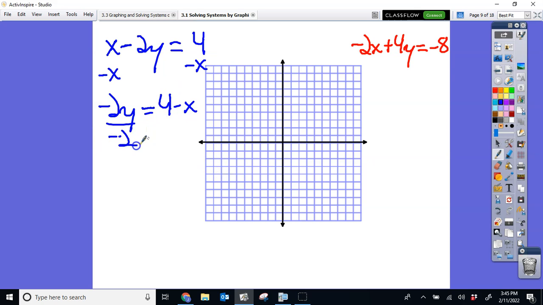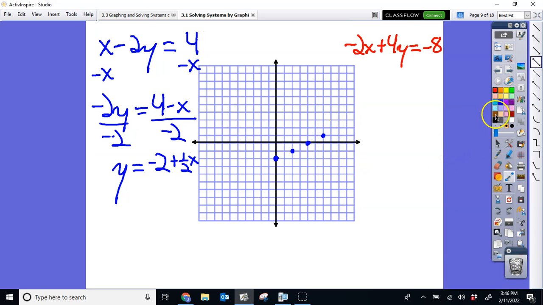I divide by -2. When I divide by -2, 4 divided by negative 2 is negative 2. Negative 1 divided by negative 2 is positive 1/2. That means I would begin at negative 2. Remember, mx plus b, the m is always beside the x. And then I would move up 1 over 2, up 1 over 2, up 1 over 2.